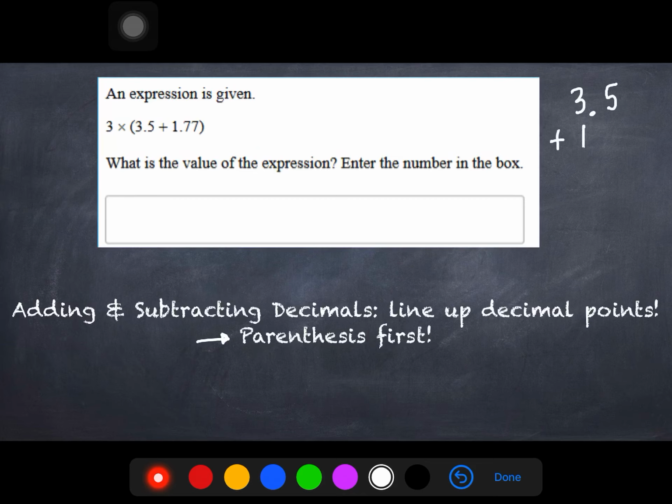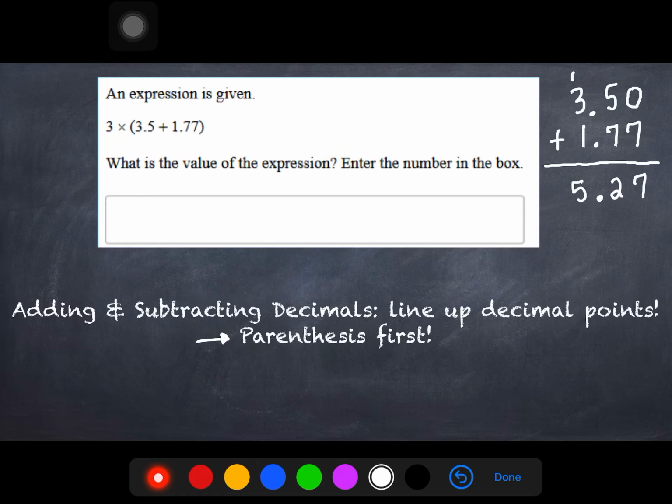I'm going to line up every number under its correct place value of the number above it. I'm going to go ahead and annex a 0 here to make it even. That's a helpful strategy when adding and especially when subtracting decimals. Then you're going to add it and bring your decimal right down, and it's that easy.